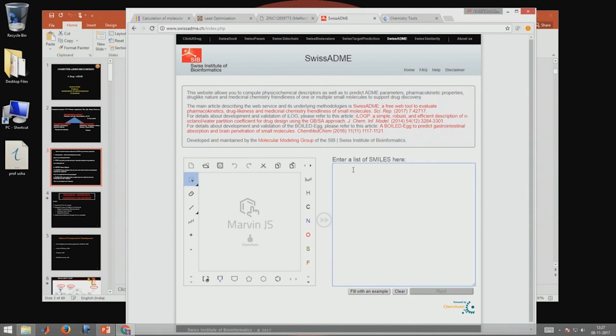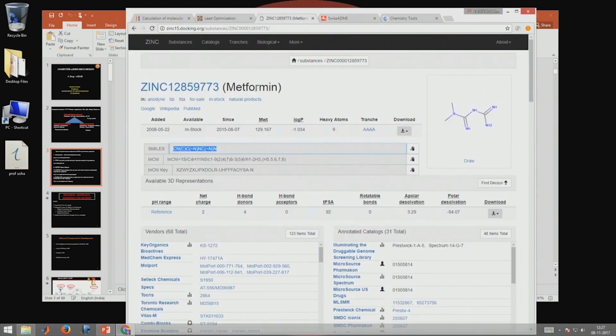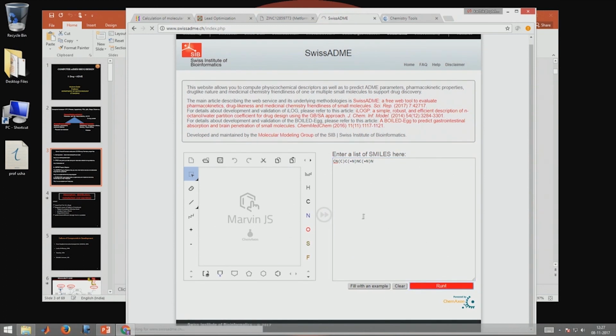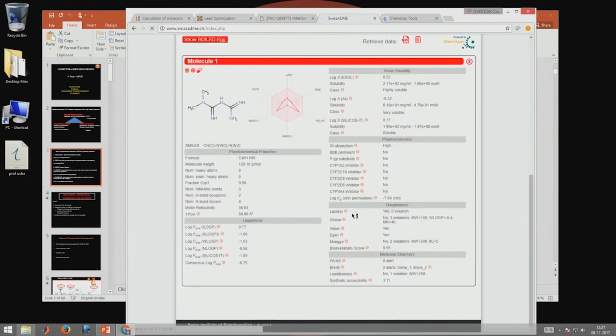For example, metformin, we went to metformin, right. So we can get the metformin, go to Swiss ADME, enter the SMILES notation here, and then we can run. So Swiss ADME gives a lot of information, as you can see. It is still working, and it gives you molecular weight, number of atoms, it gives you log P in different techniques, different types of softwares measure log P in different ways.